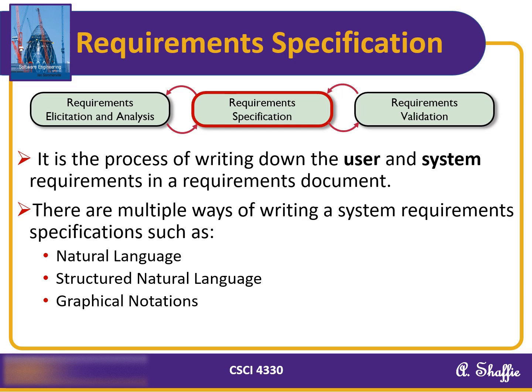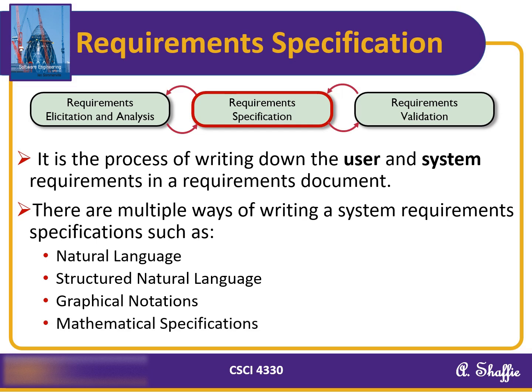We have graphical notations. Graphical models, often with text annotations, are used to outline functional requirements. Common tools include UML use cases and sequence diagrams. Today we will see an example for UML use cases, and in the following modules I will show you multiple examples for these use cases and for sequence diagrams.